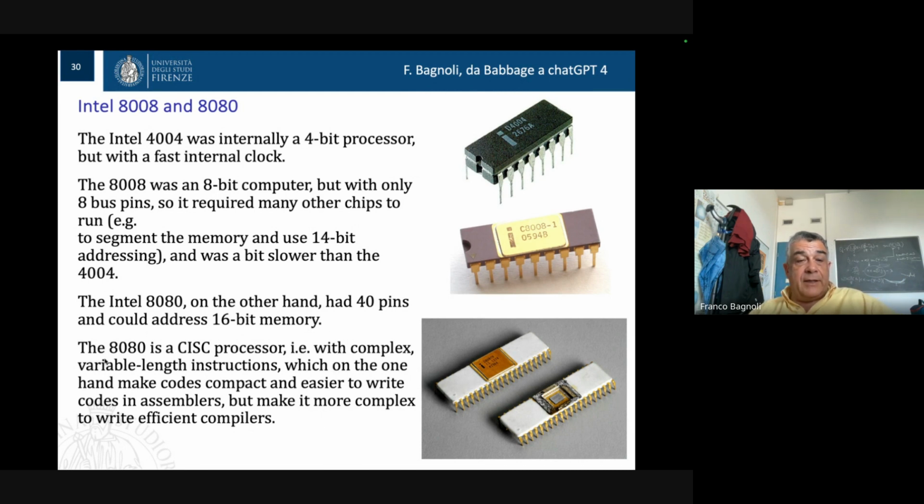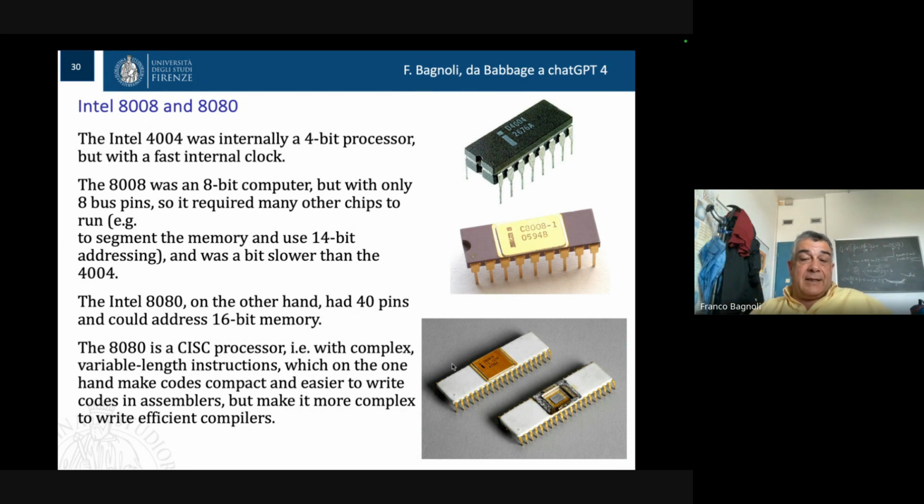The family of the 8080 is a CISC processor. As I said in the last lesson, if I remember well, CISC means complex instruction set computer, and this means that you can have a rich assembly language with which you can do many different operations with just one instruction.